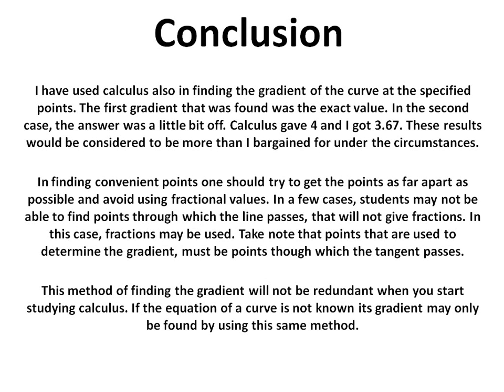And I got 3.67, which is very close under the circumstances, because when the equation of a curve is determined in this manner, it is subjected to many different types of errors that can cause the answer to be a little, or in some cases, way off from the correct exact value that one should get.